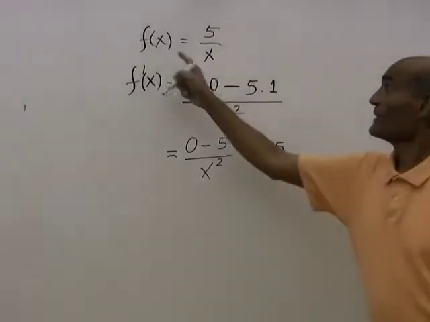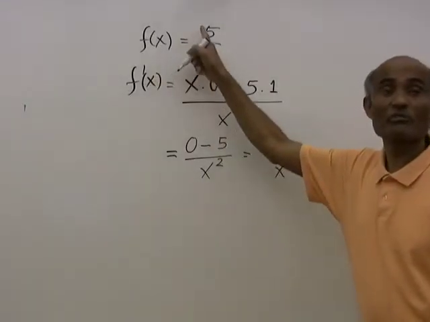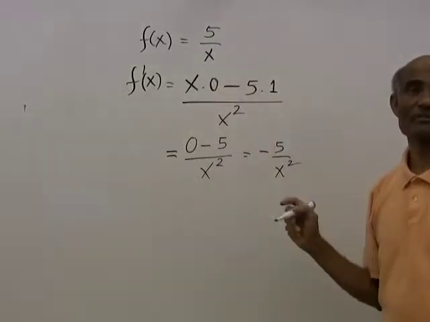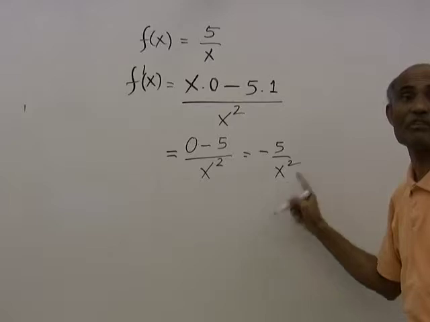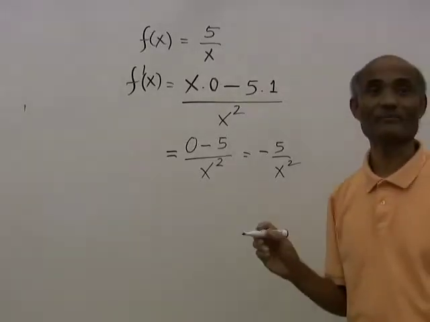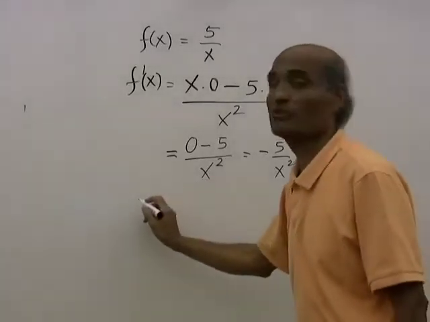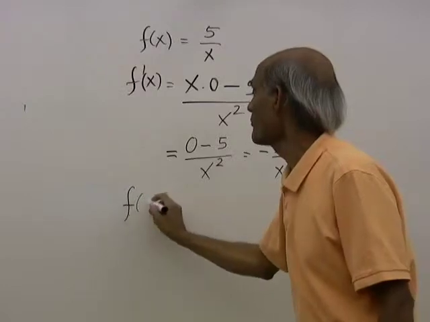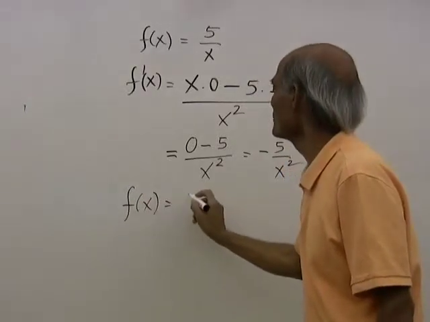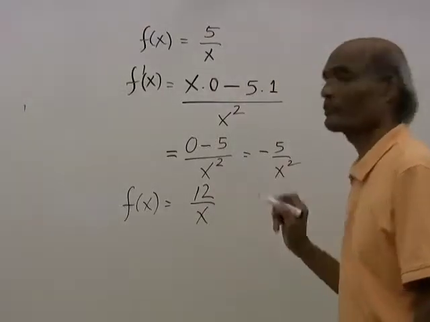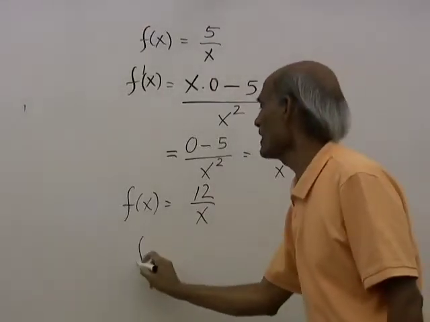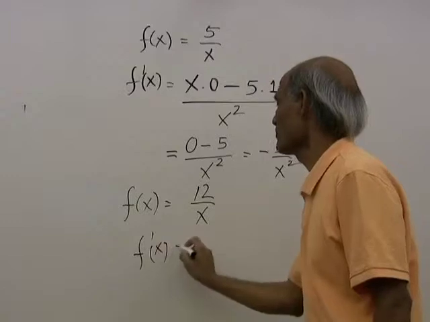That's right. So, f of x equal to 5 over x, f prime of x equal to negative 5 over x squared. Okay, let me ask you this. If f of x equal to, say, 12 over x, what is f prime of x equal to?